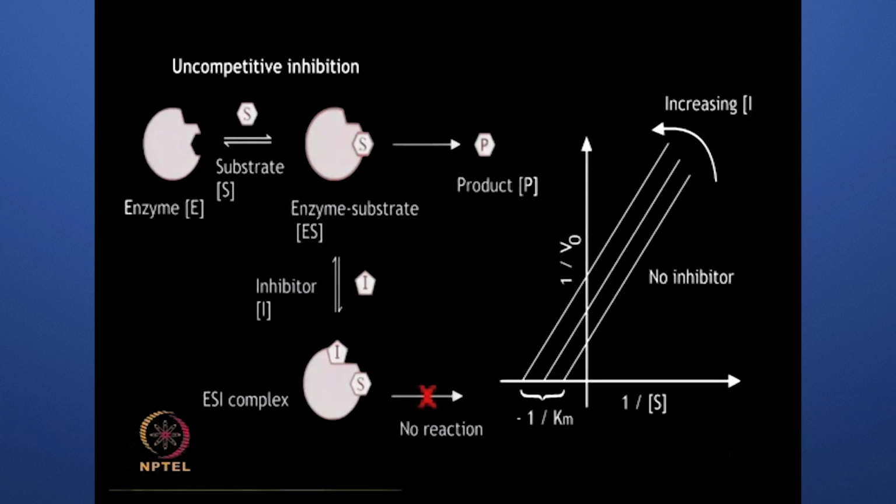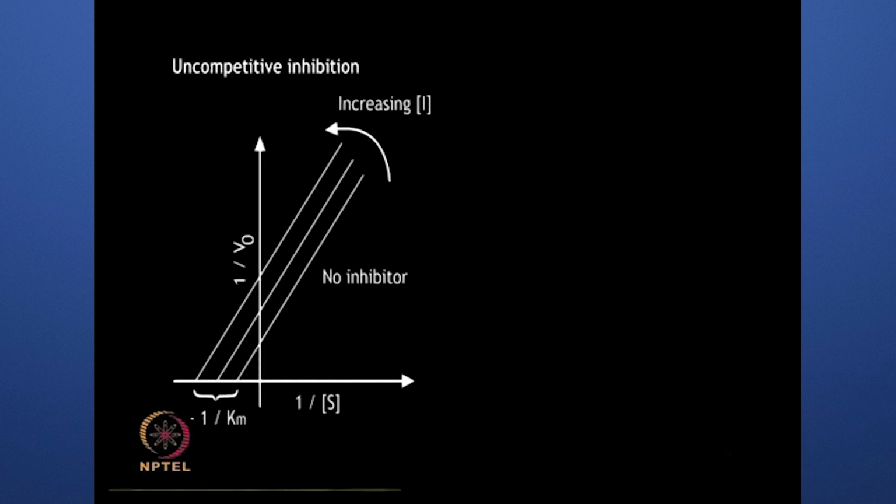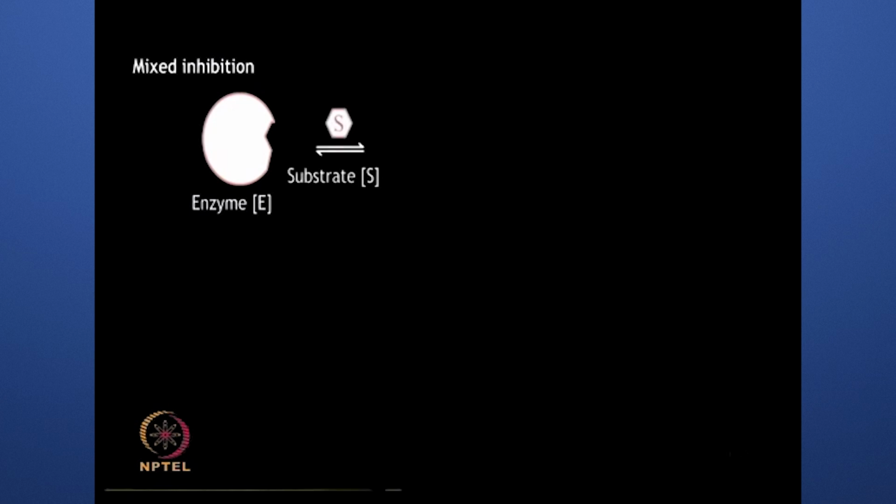Mixed inhibition or non-competitive inhibition also binds to the enzyme at a site distinct from the substrate binding site. However, the difference is that it can bind either to the enzyme or the enzyme substrate complex.